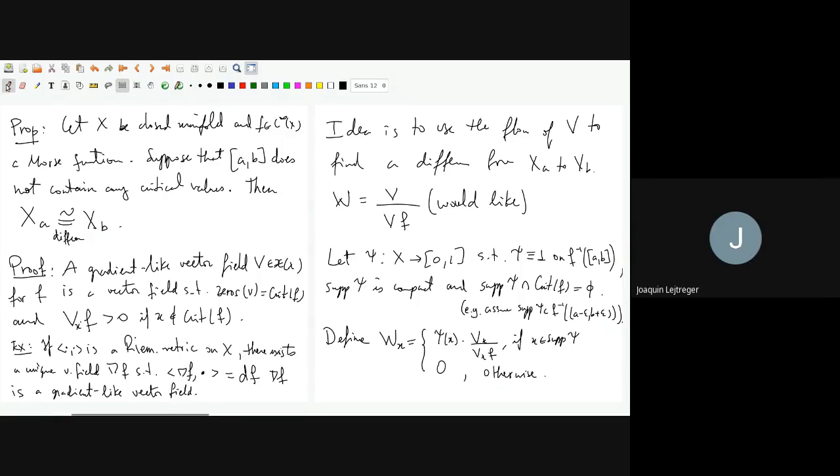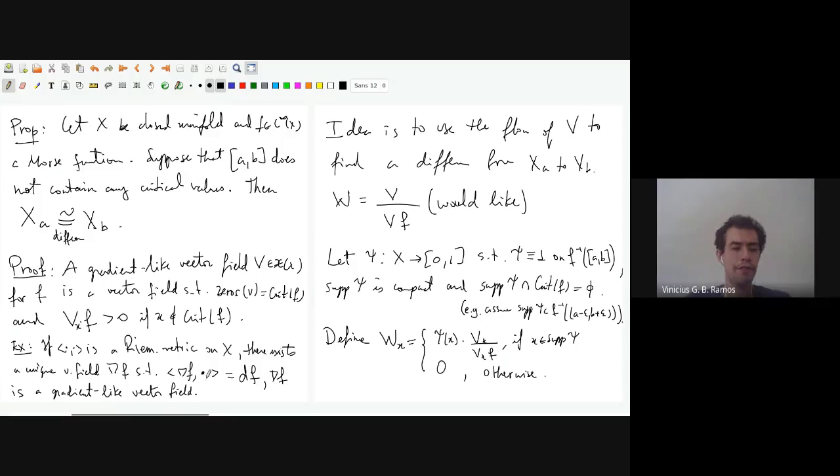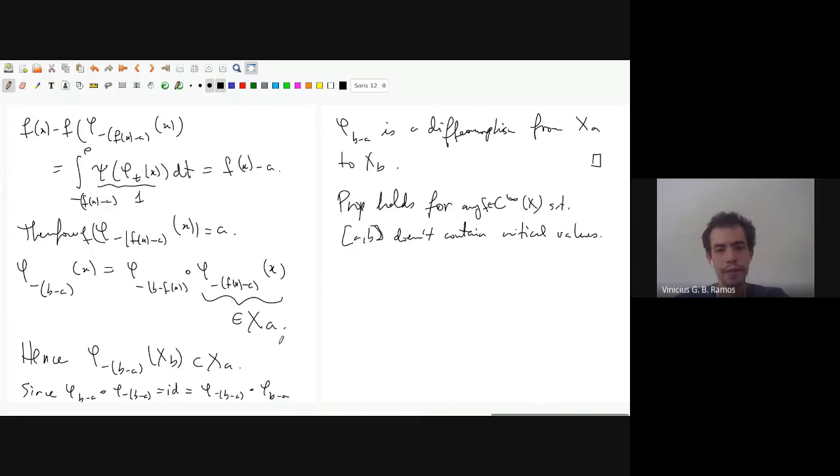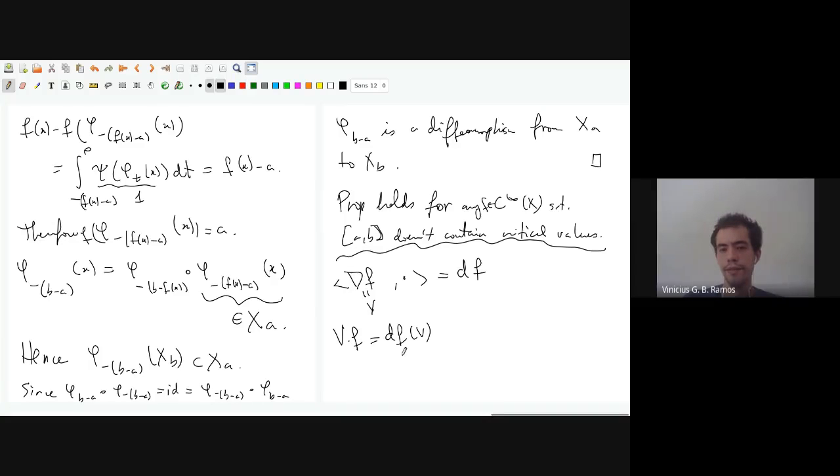Okay. And I guess you want to check this property for the gradient. So how do you check this property? Let's say that you have the gradient vector field, and you know that it satisfies this property. That's the definition of the gradient vector field. So let's call this V. So what is Vf? Vf is the same as df applied to V. So df applied to V is going to be the same as the gradient of f applied to the gradient of f.